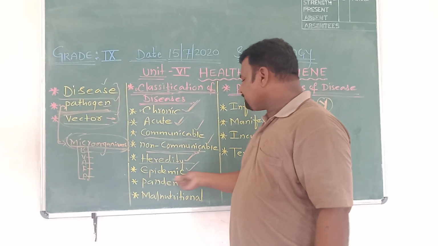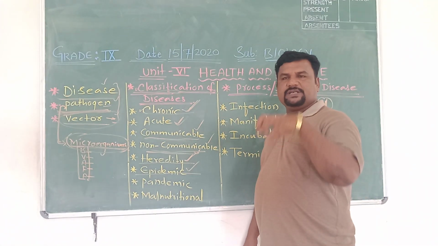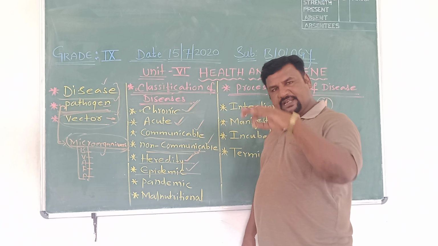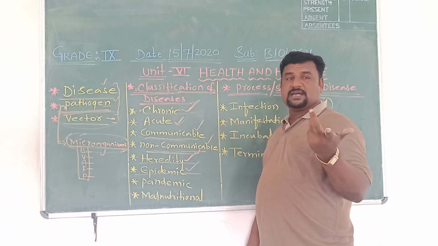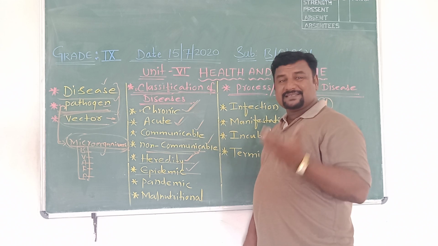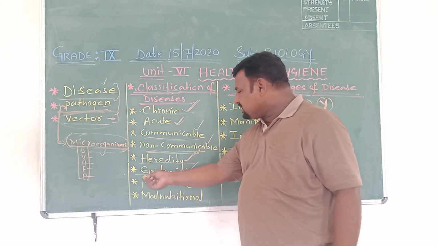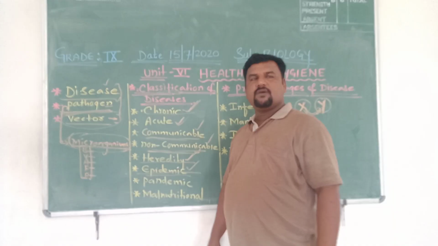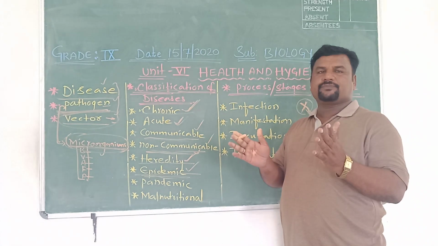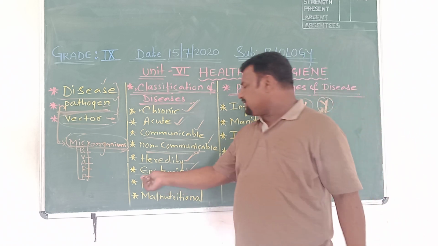Next, epidemic. What are epidemic diseases? The disease which can spread and affect a large number of the population in a short span. For example, the spread of plague in India long ago. Swine flu and plague are examples of epidemics.